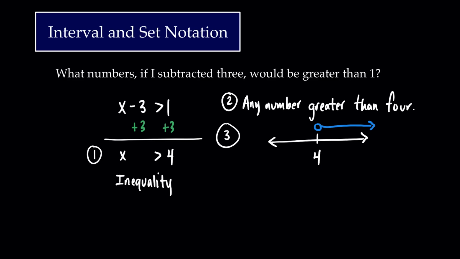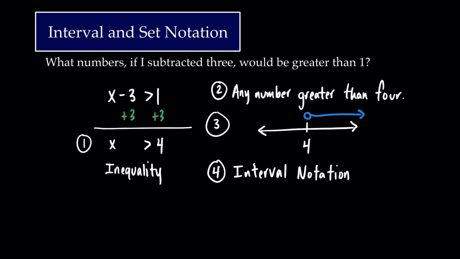So that's an option. And I want to talk about 2 new options for you to use to talk about any number greater than 4. Okay, and so the first one here, which I'm labeling number 4, is interval notation. And the idea with interval notation is that I'm giving a starting number and a stopping number.